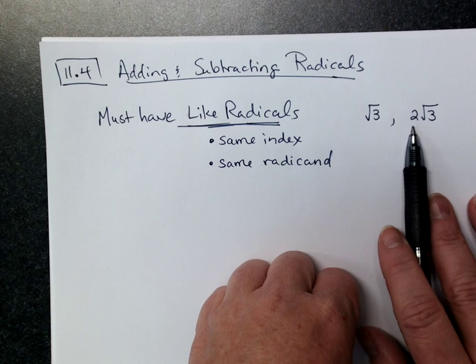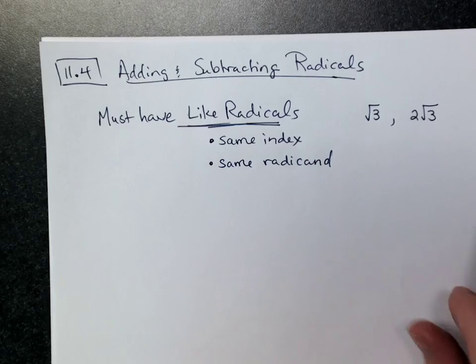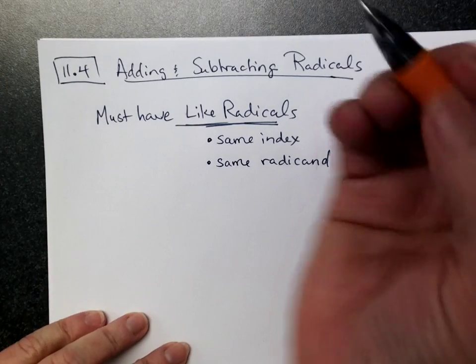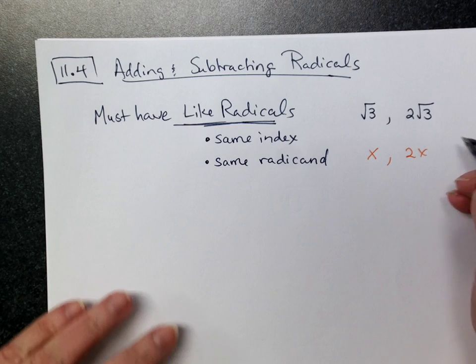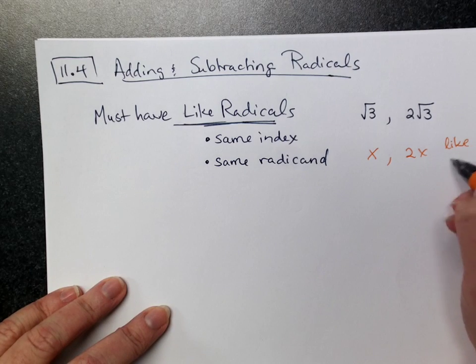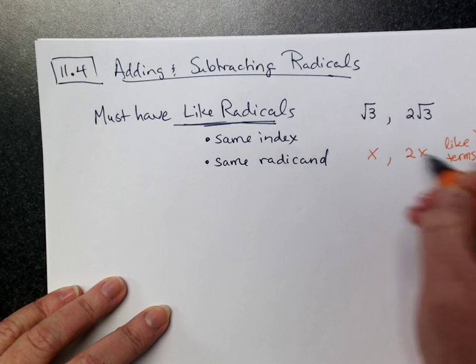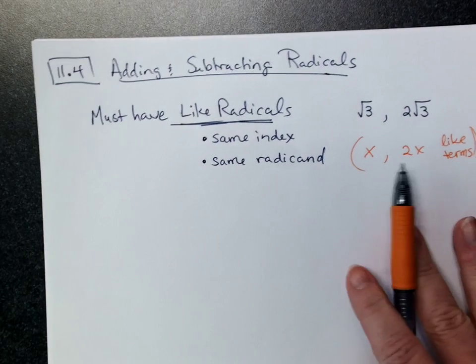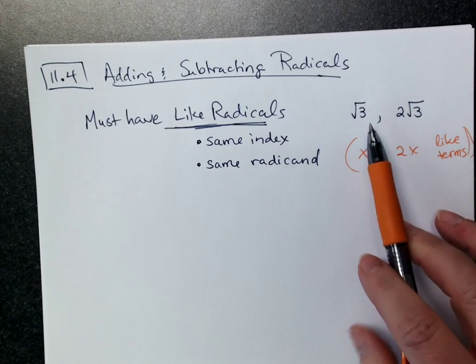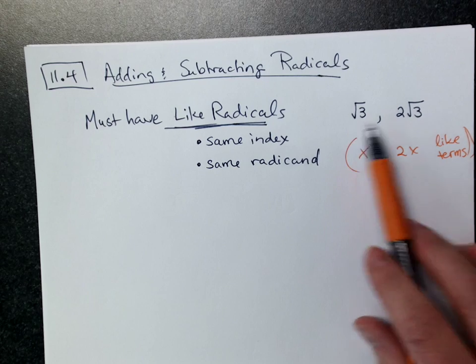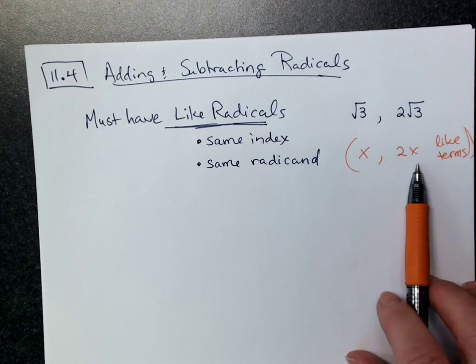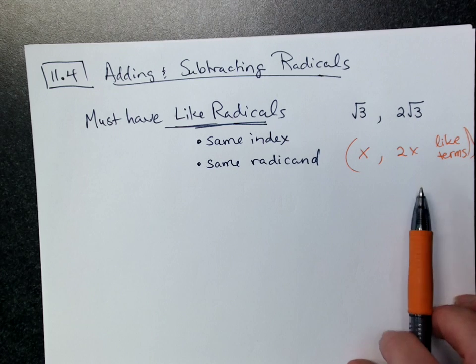Yeah, and this one is 2. Okay. So these are like radicals just like these are like terms, x and 2x. Okay. These are like terms. Well, in the same way, these are like radicals. You can pretend your radical is an x. And this is 1x, and this is 2x. 1x and 2x. Okay.